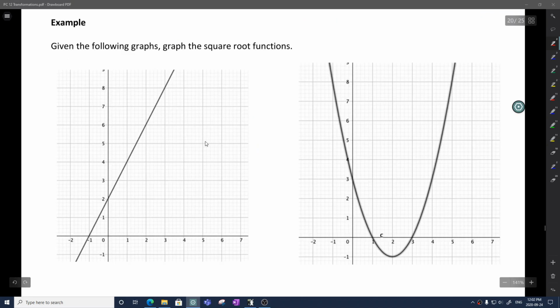All right. So now we're just given two graphs. We're going to graph the square root functions of each of these. So remember the 5 really important ideas. Wherever our graph is negative, our square root function doesn't exist. Where we have an x-intercept, that is a stationary point. Wherever y is equal to 1, that is another stationary point.